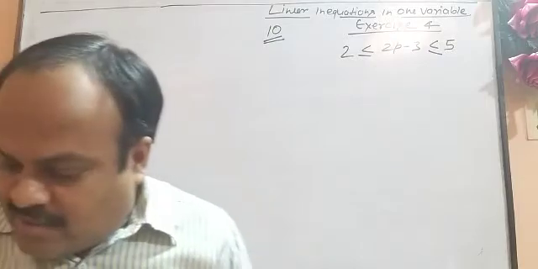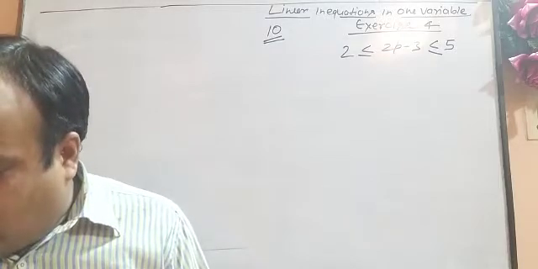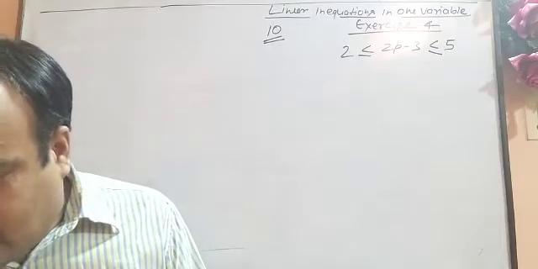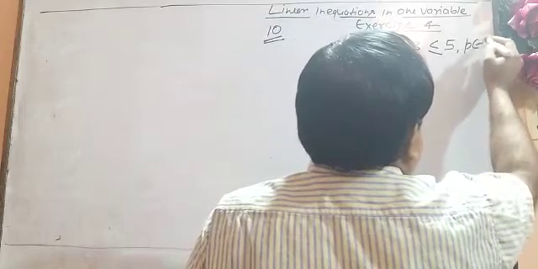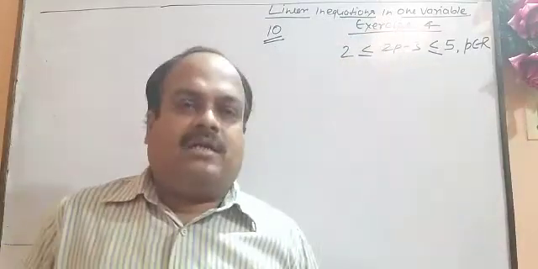Find the solution of the inequation, hence graph the solution set on the number line given below. Something is missing here. What is missing? P belongs to R. So we need to add this P belongs to R.